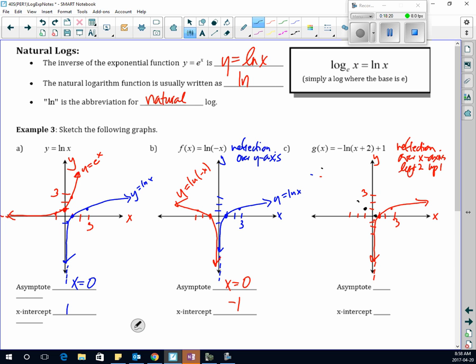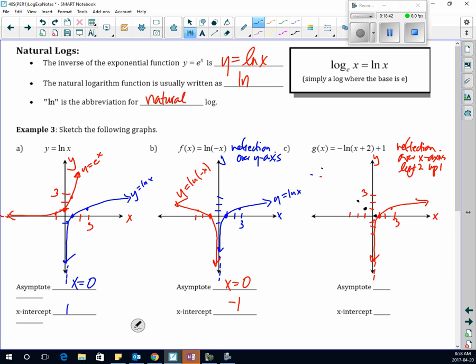So where's my new asymptote? That's probably the easiest way to figure this out here, because my dots don't mean anything at this point. It looks kind of goofy. Okay, so if I reflect my asymptote, nothing happens, right? It just, well, I guess in a way it does. It's over here, right?